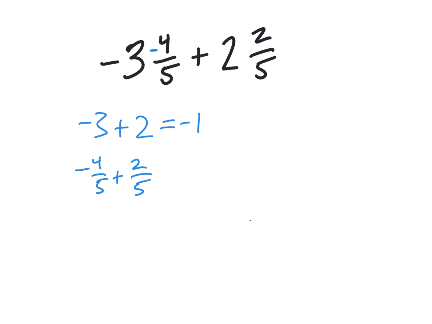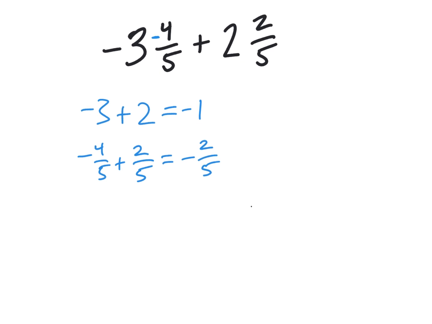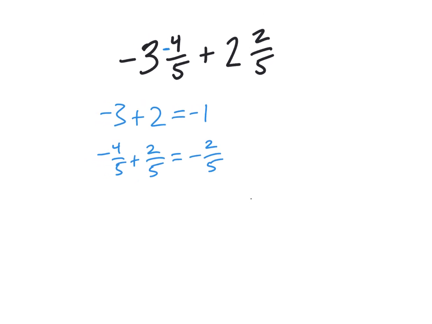And 2 of those fifths that are negative are going to cancel out with the 2/5 that are positive, leaving me a result of -2/5.